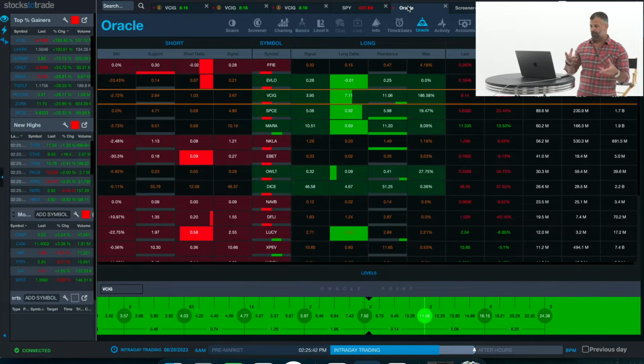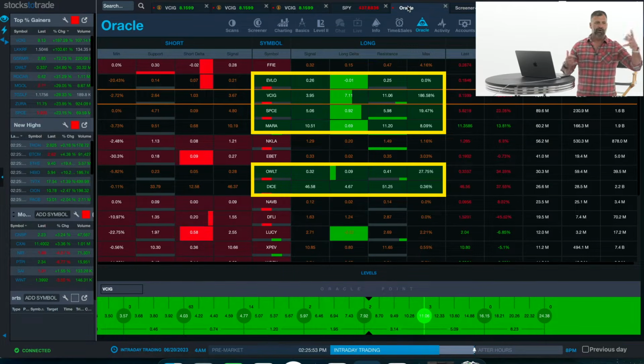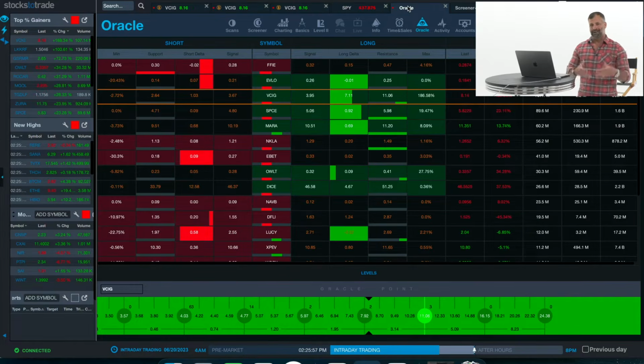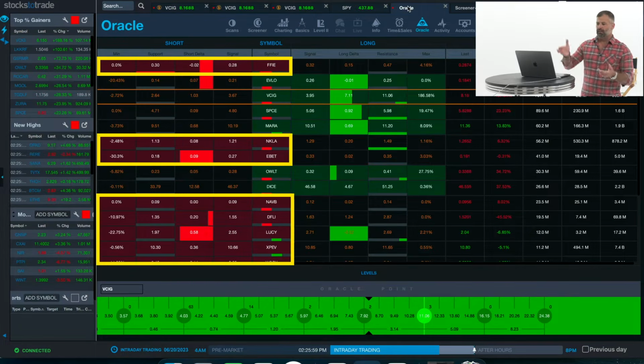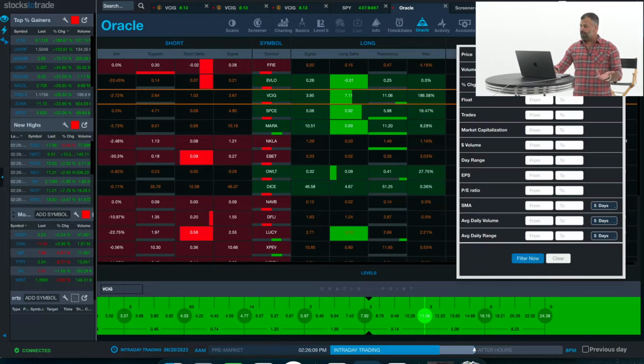Now, you'll also notice that there's about 15 stocks here, and a lot of them have directional bias. The red stocks are short, the green stocks are long. Not to get too into short selling, I know it's confusing for a lot of people, but you can make money when stocks go down. Those are the stocks you look to short. But if I wanna look at low float stocks with news that are big morning runners, I can simply filter by the float.